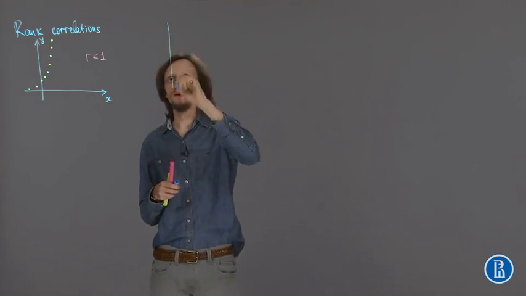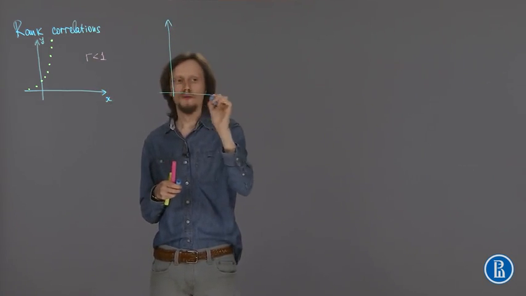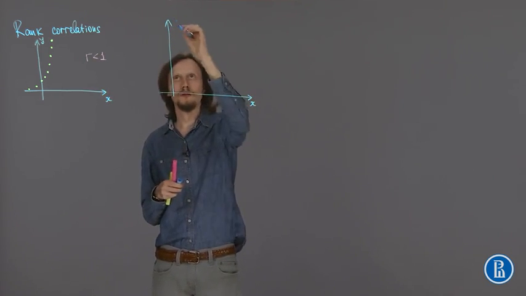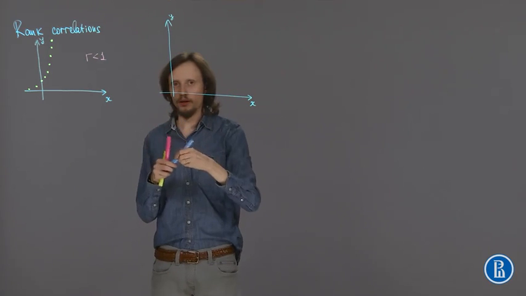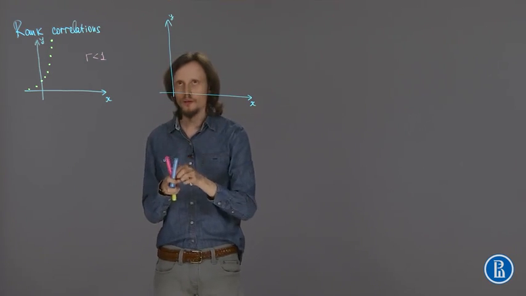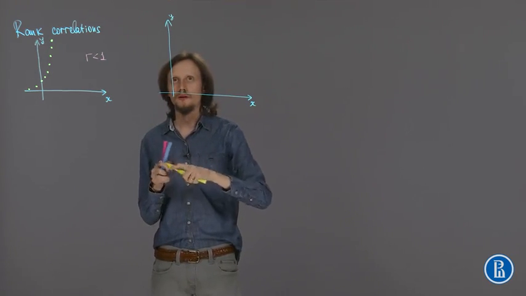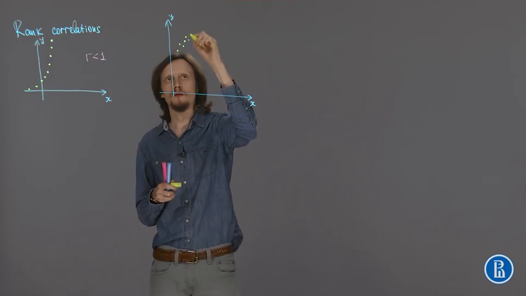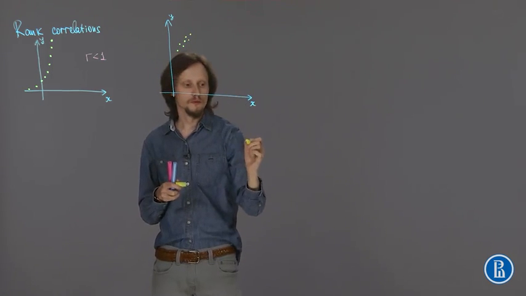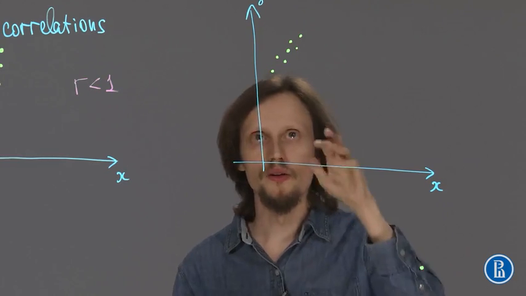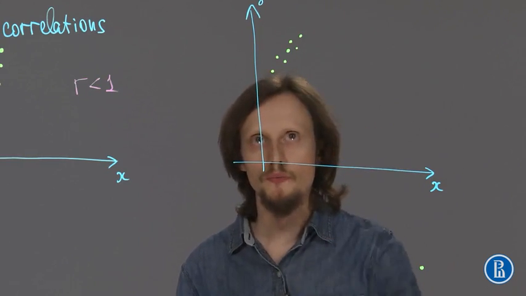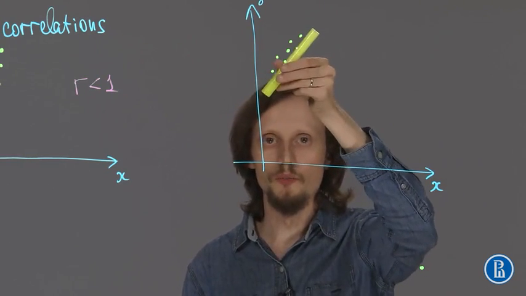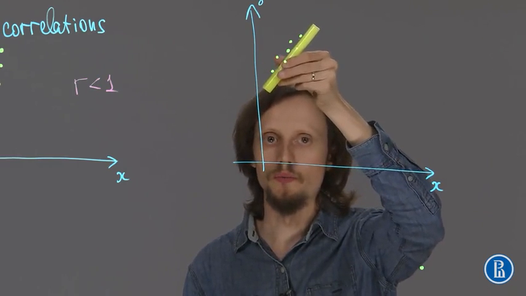Let us consider another example. Assume that my data set looks like the following. If we look at this part of the picture, we see here strong positive correlation between x and y.